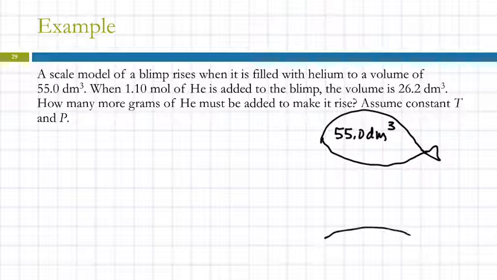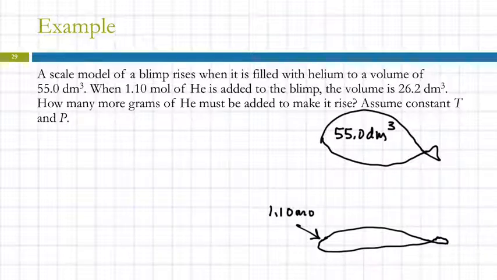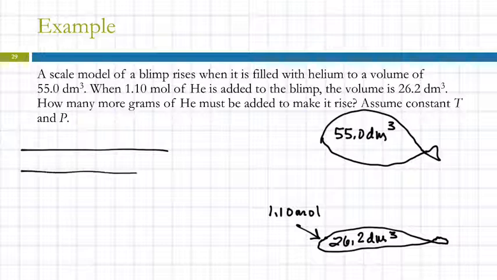So now we've got our blimp down here, and it's just kind of deflated. So we're adding 1.10 moles of helium to the assumingly empty blimp, and that causes the volume to be 26.2 cubic decimeters. And so we want it to be this volume. Well, let's put these numbers into a table and see if we can do anything with that.